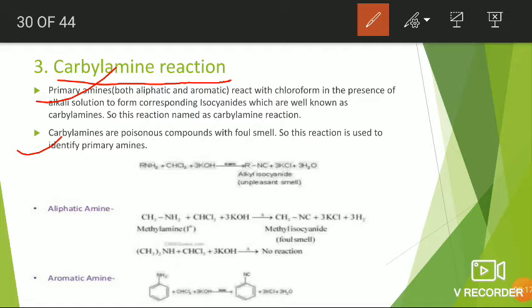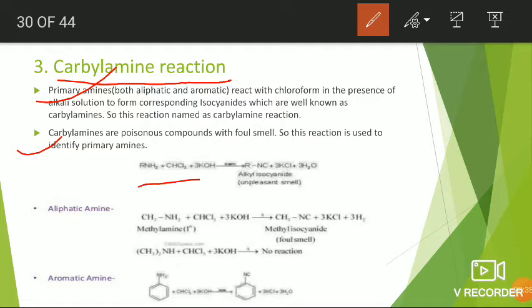So the carbylamine reaction is used as the best test to identify primary amines, aliphatic as well as aromatic. That is, the carbylamine test is generally used to identify primary amines. So observe the reaction.